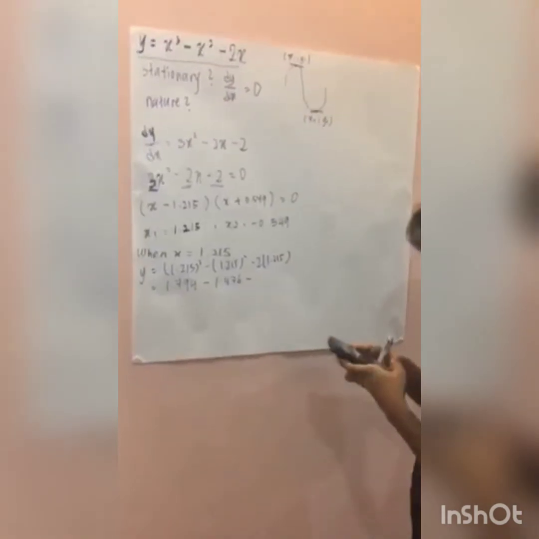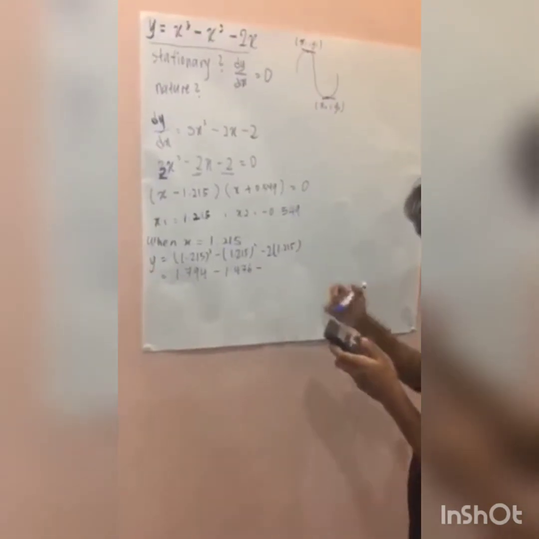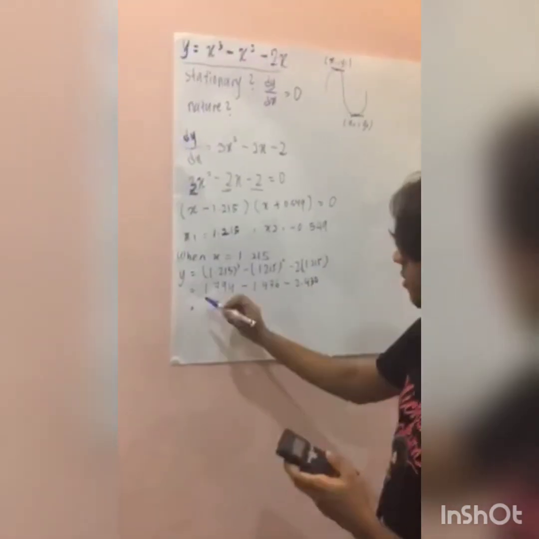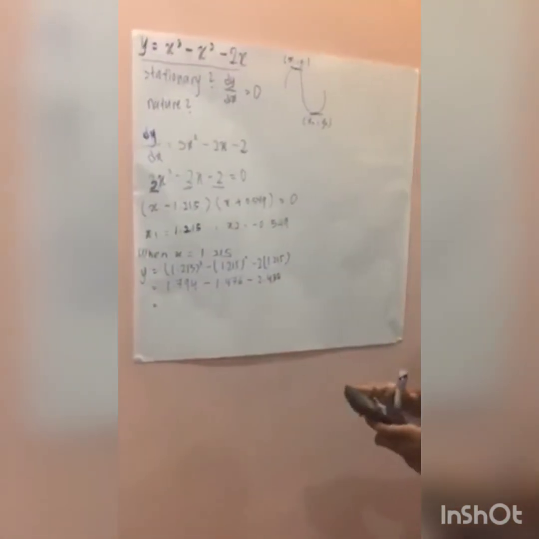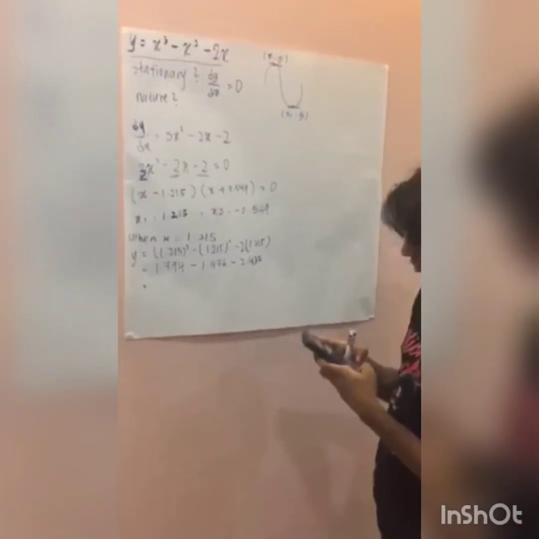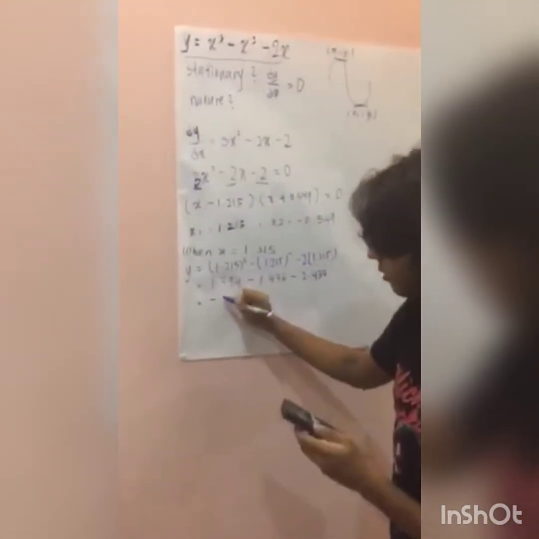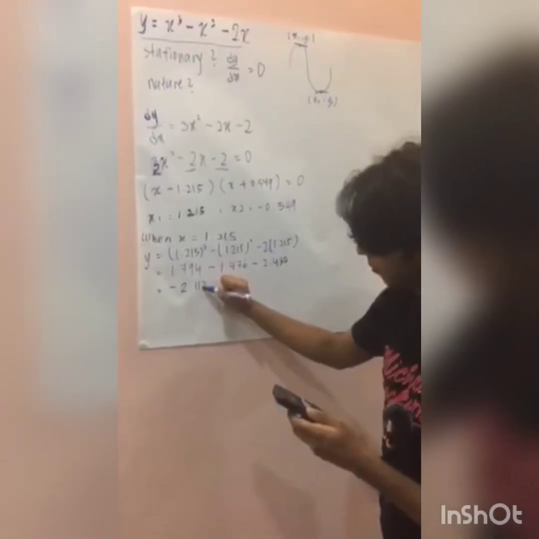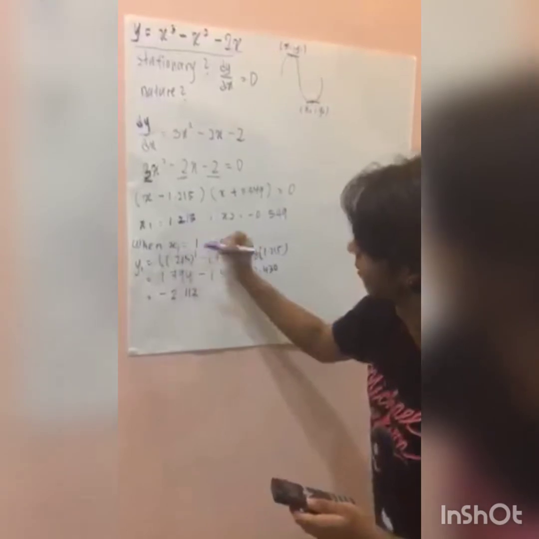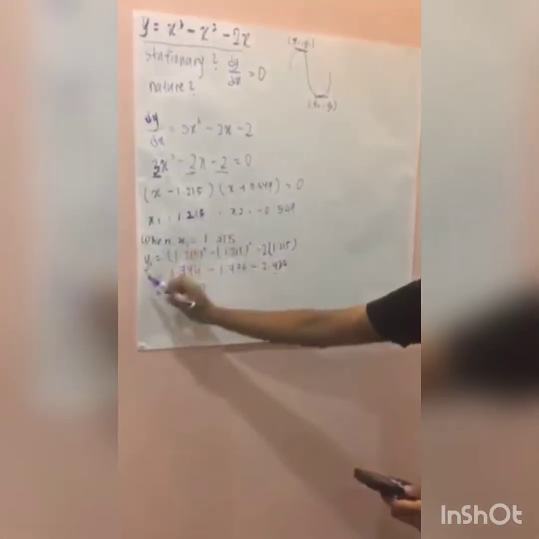Minus 2 times 1.215, and the answer is 2.430. So 1.794 minus 1.476 minus 2.430, and I'll get negative 2.112. This is my y1, since I got my x1.